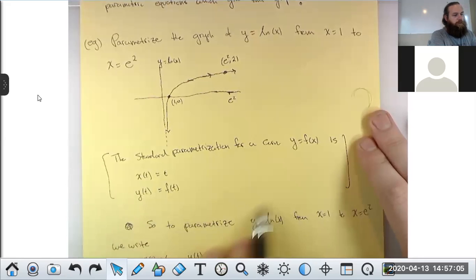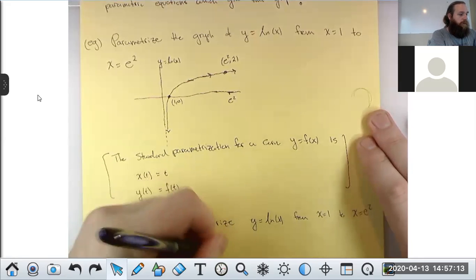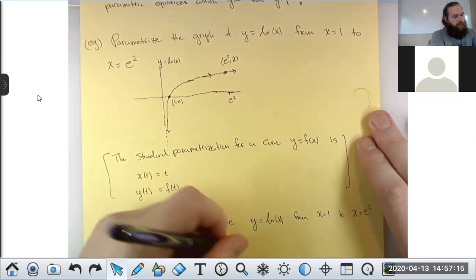Well, the function relating x to y here is the natural log. Y is the natural log of x. So if x of t is t and y is the natural log of x, then y has to be the natural log of t.